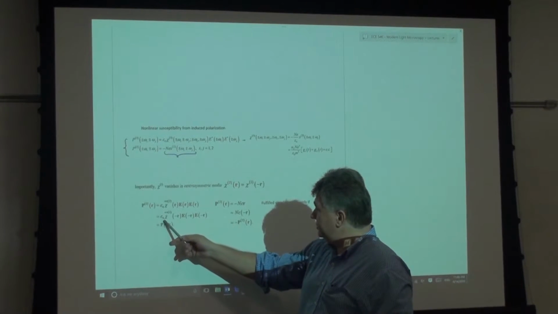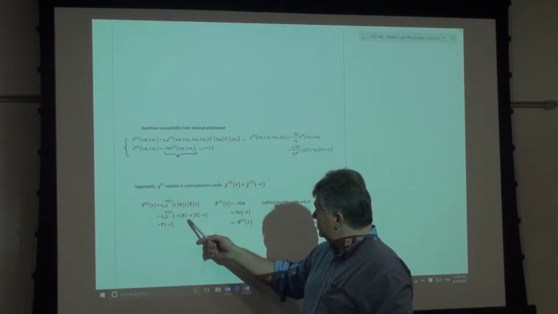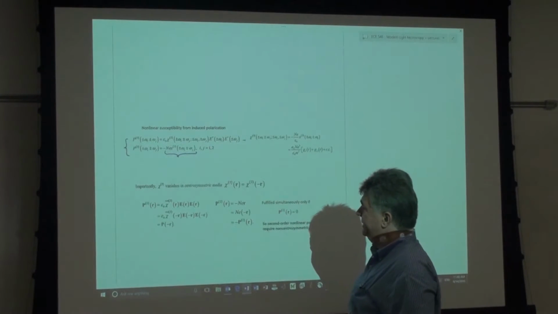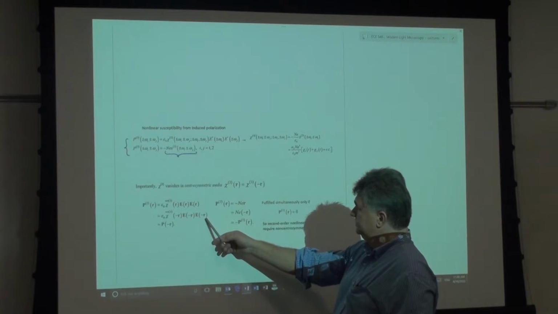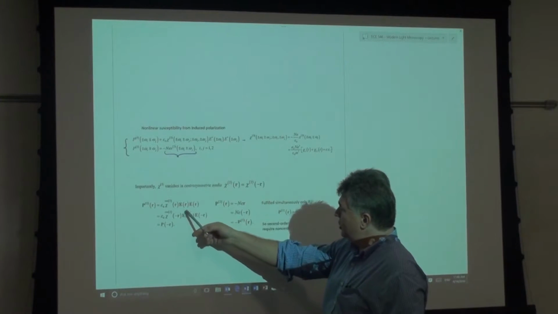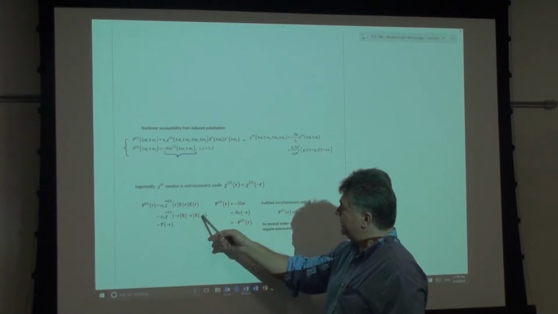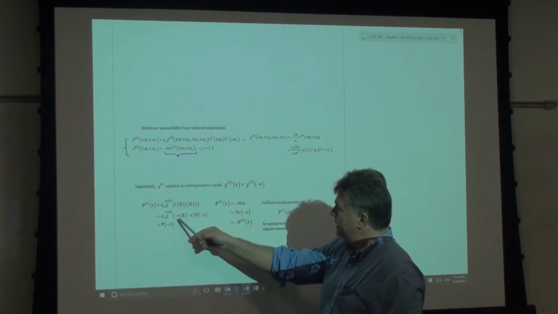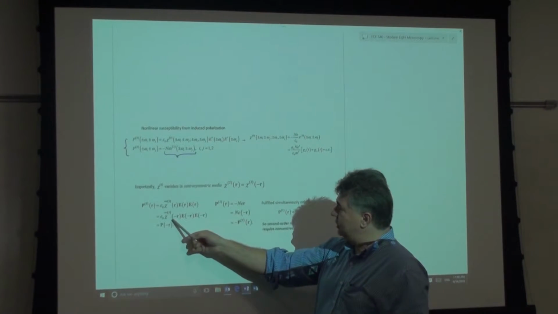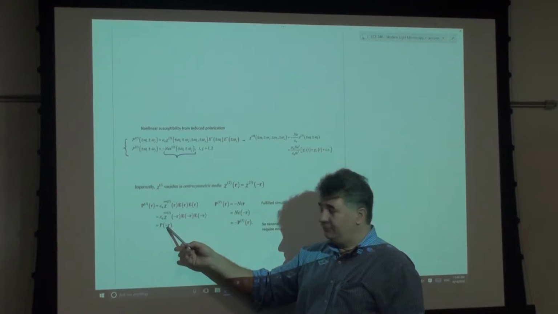So first I'm going to write it as chi of minus R. Because I have a product between E of R, E of R, I can write that E of minus R, E of minus R, these two will be equal. And because it's centrosymmetric, I can write chi2 as minus R. So altogether, this gives me an induced polarization of P of minus R.